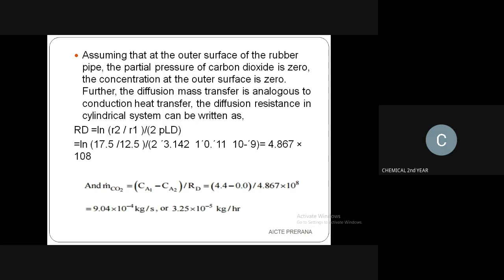That means R2 divided by R1. You know the values of R2 and R1.